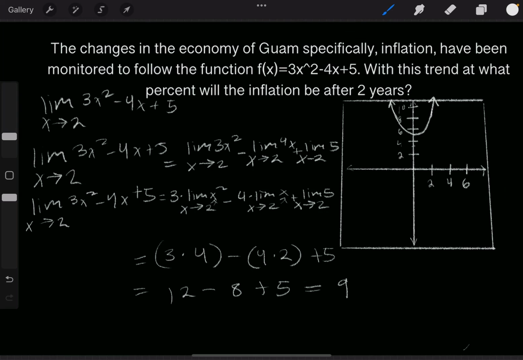And since it's asking at what percent will the inflation be after 2 years, it'll be 9%. So the limit as x approaches 2 of 3x squared minus 4x plus 5 is equal to 9. And we also have proof of 9% being correct in this graph because when x is equal to 2, our f of x is equal to 9.